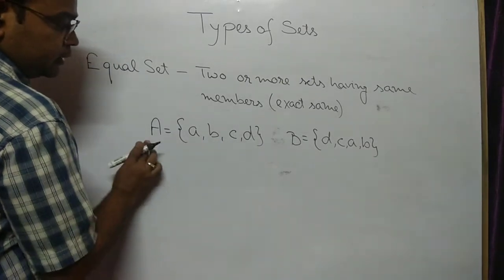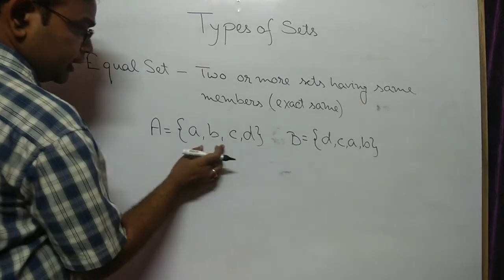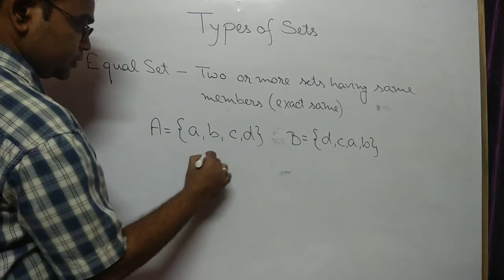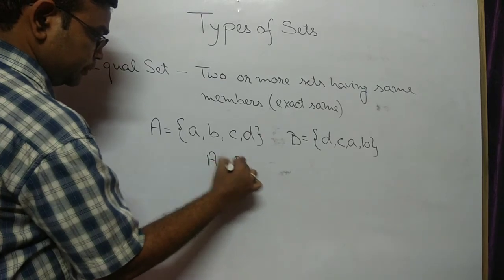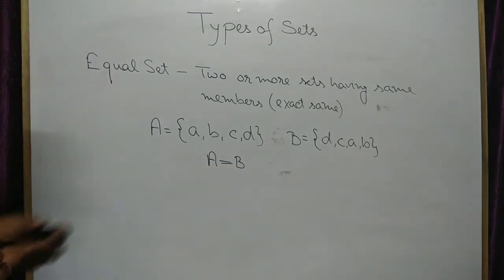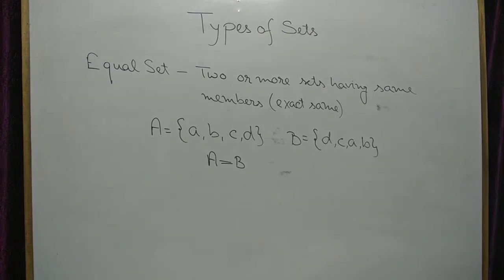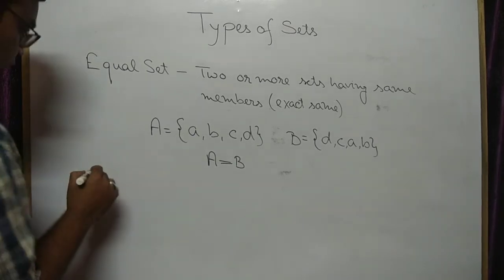Even their cardinal number is the same. So these sets are known as equal sets and are represented as A equal to B. This is your equal set. Now there is another thing, an equivalent set.